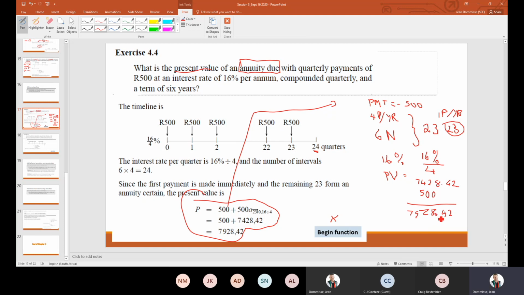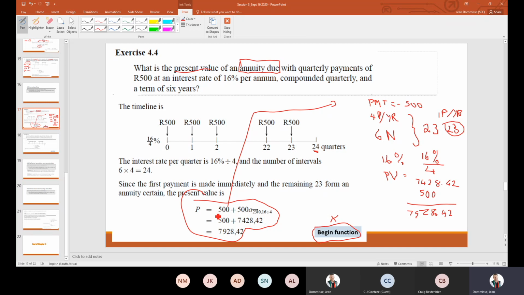So again, on your calculator, and I assume all the calculators have this function, there's a begin function. The begin function is set up so that it will look at that 500 payment on its own. So let's do that. On the HP, I need to say second function begin to get into that function.